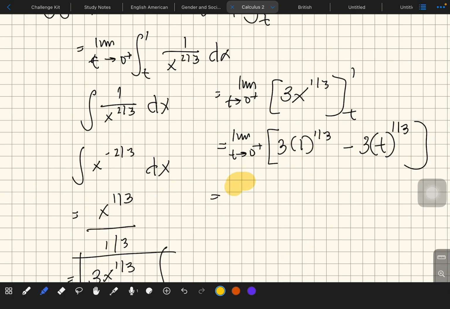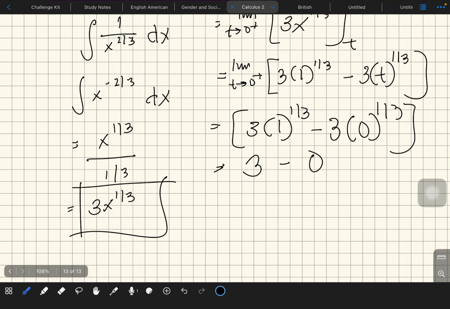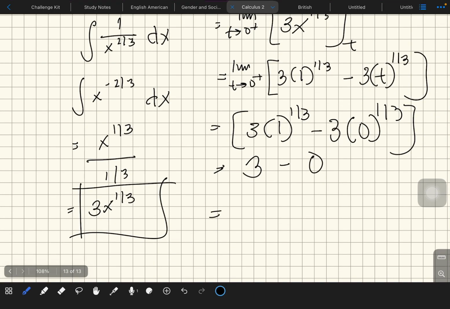So this will become 3 times 1 raised to 1/3 minus 3 times 0 raised to 1/3, which is 3 minus 3 times 0, so 3 minus 0 is equal to 3.